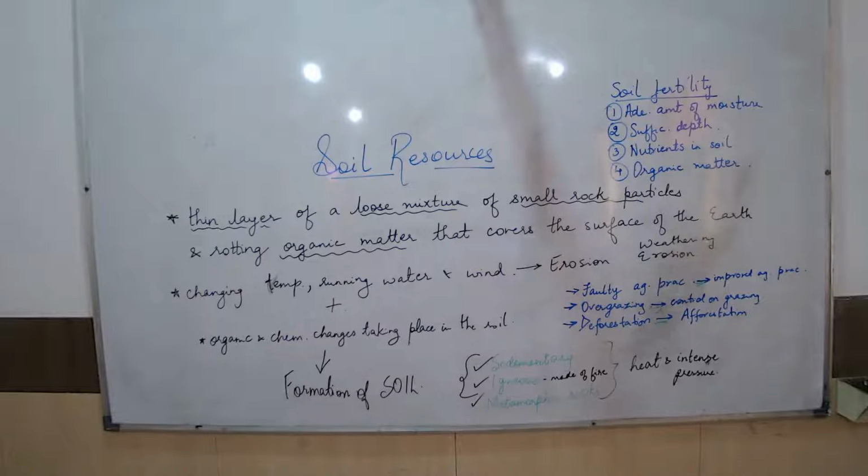Impermeable means water does not absorb very easily into it. They swell greatly and become sticky when wet in the rainy season. What happens? In the rainy season, when water goes in, they swell and become sticky.